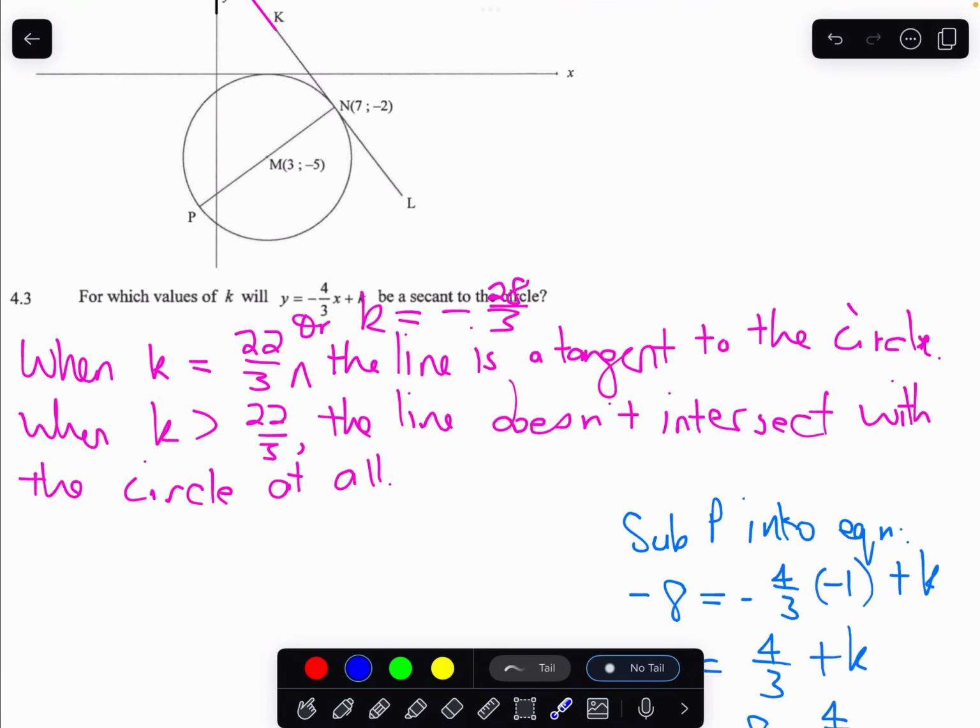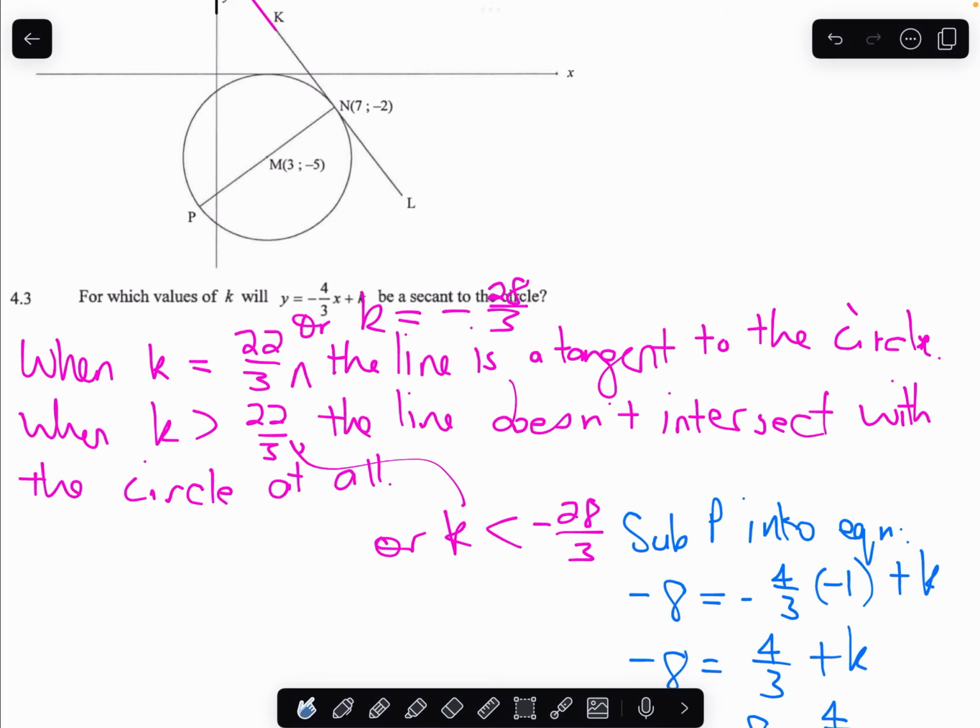So it's either this tangent or the tangent at P. When k is greater than 22 over 3, or k is smaller than -28 over 3, then the line doesn't intersect with the circle at all.